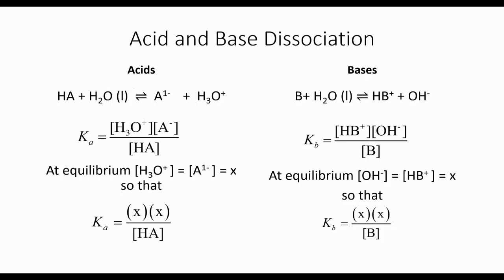So in those final expressions, I have X times X, over either the concentration of the acid or the concentration of the base. Those would be the original amounts, because since they're very weak, we're only having a little bit of dissociation here, and so the original amounts can go in. We don't have to worry about subtracting off the amount that dissociated. If you had one of those guys that were like 90% dissociated, we would, but we are not going to do that, okay?